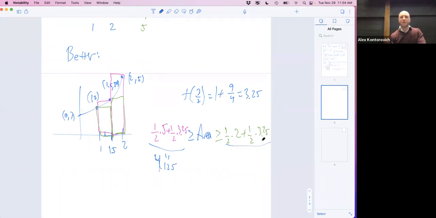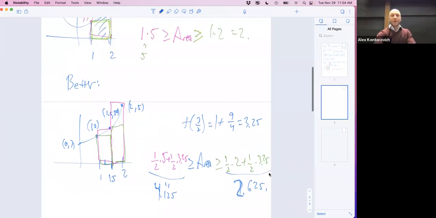What's the average of 2 and 3 1/4? The average of 2 and 3 is 1 1/2, and then I want to add another. So it's 2.625. All right. Look, that's a little better.